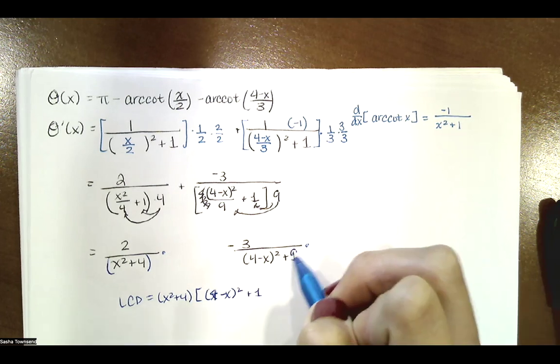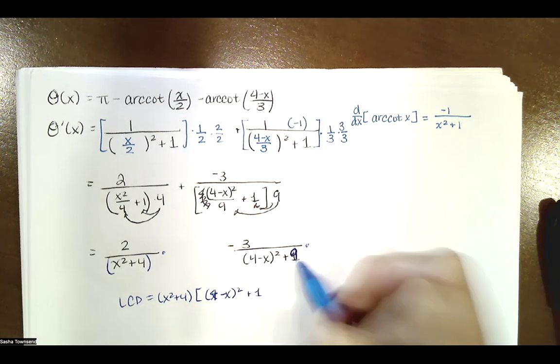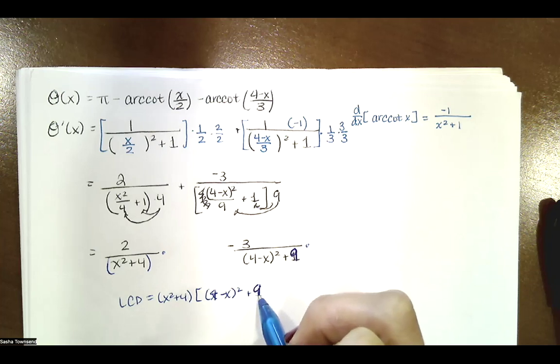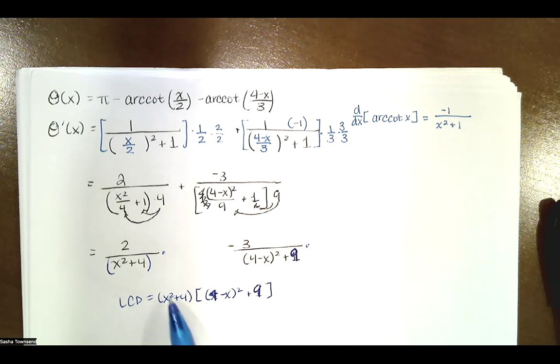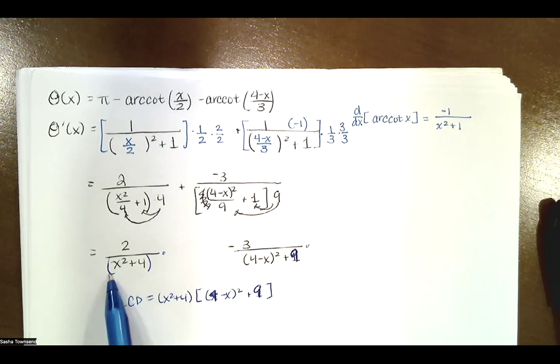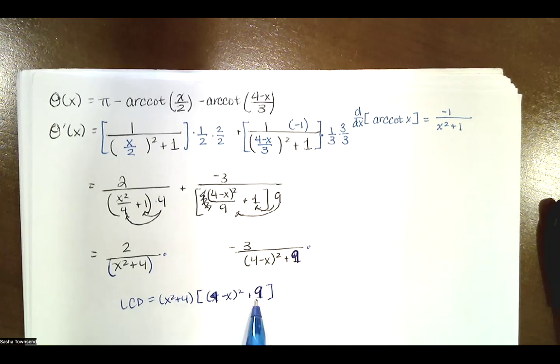Oops, that should be a 9. I distributed a 9 there. And then you say, okay, this times this is my LCD. What is missing from this denominator to get my LCD? Well, I've already got the x squared plus 4, so I'm just missing this 4 minus x quantity squared plus 9.